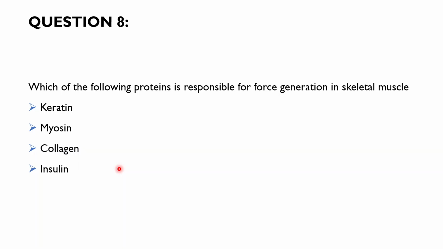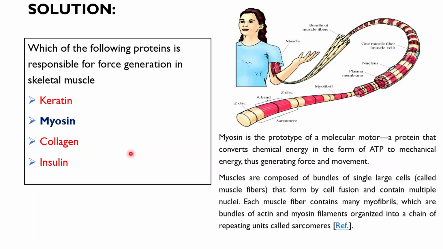Which of the following proteins is responsible for force generation in skeletal muscle? Okay, so we'll see what the right option is. The right option is myosin, as some of you have already mentioned in the chat box.